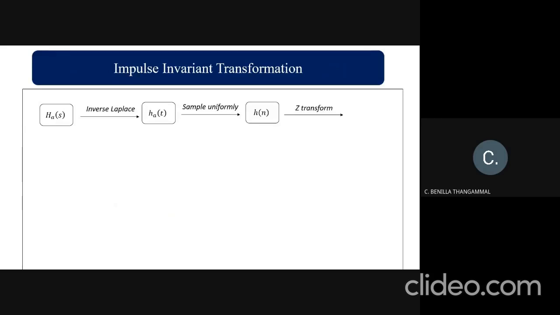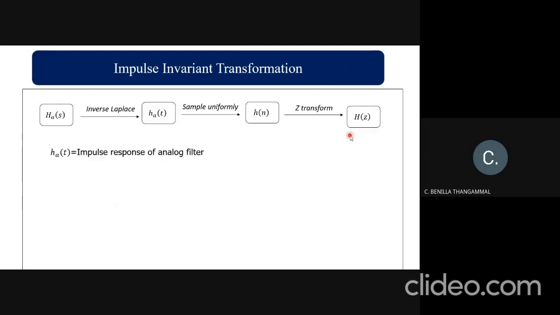If I find the z-transform of h(n), I get H(z). And I make sure that the poles which lie in the left half of the s plane are mapped inside the unit circle of the z plane.